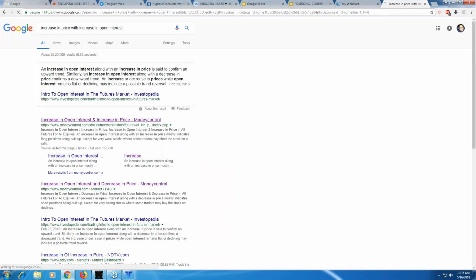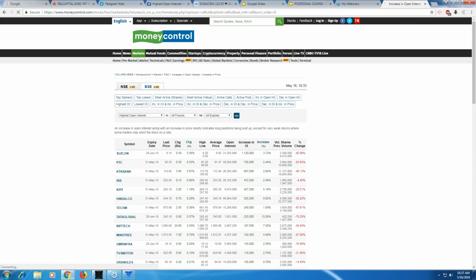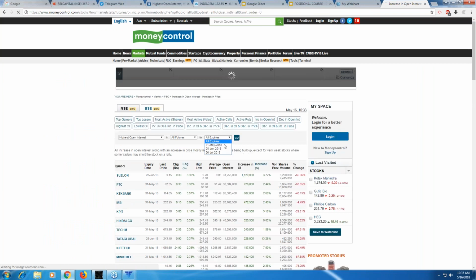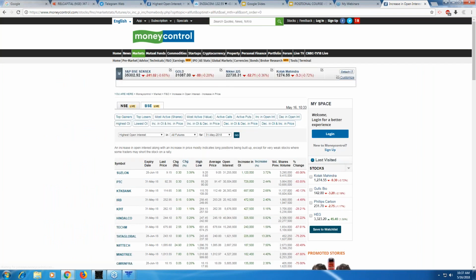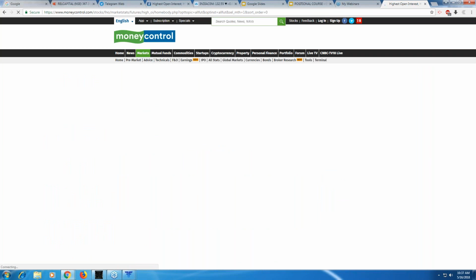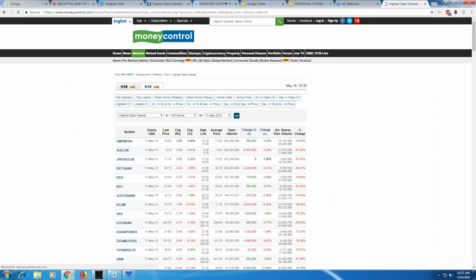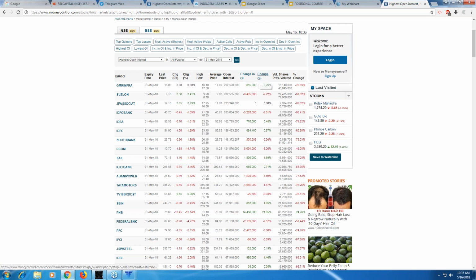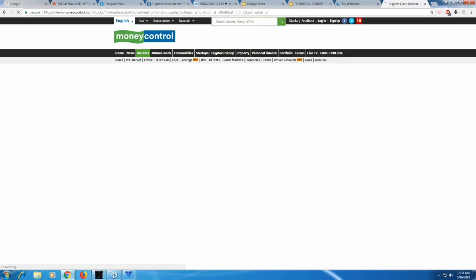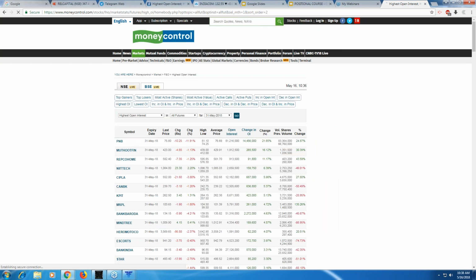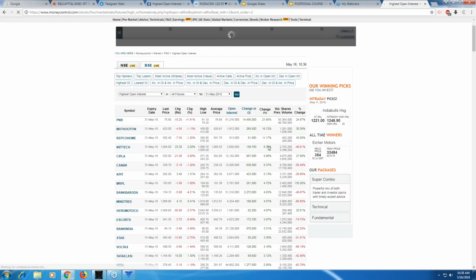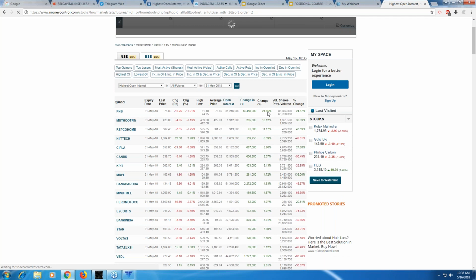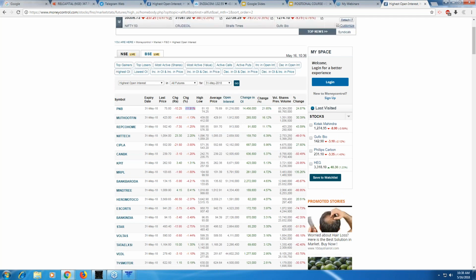You go here, go to the 31st May expiry and find out the highest open interest, right? Now these are the stocks which have the highest open interest. If you want, you can arrange it in order. So PNB, you can see, has got the highest change in open interest, and the price change is negative, meaning aggressive shorts are being built, right?